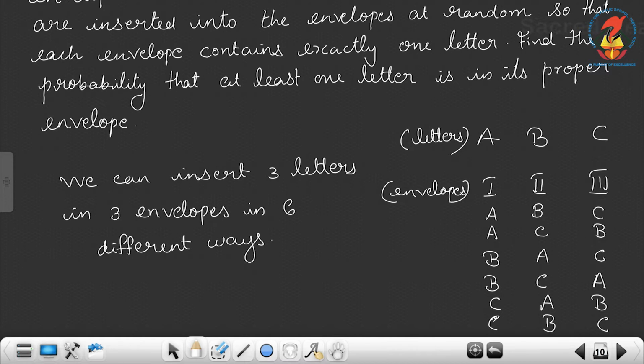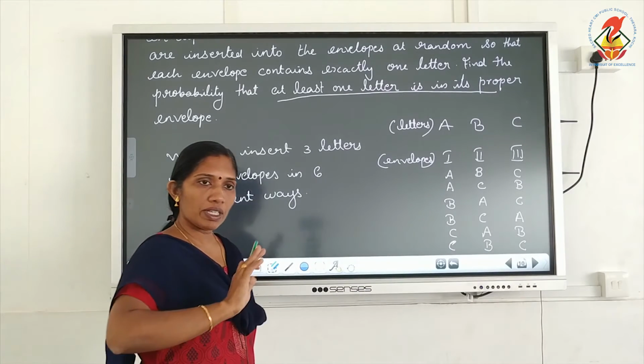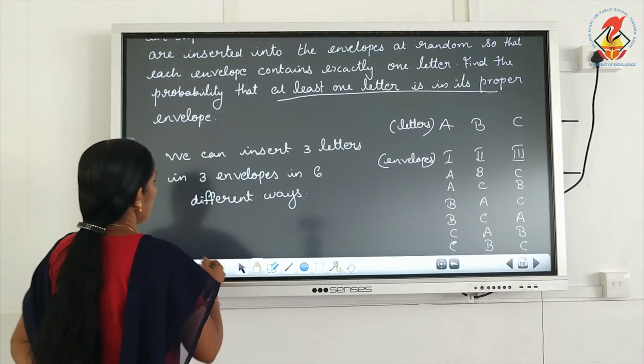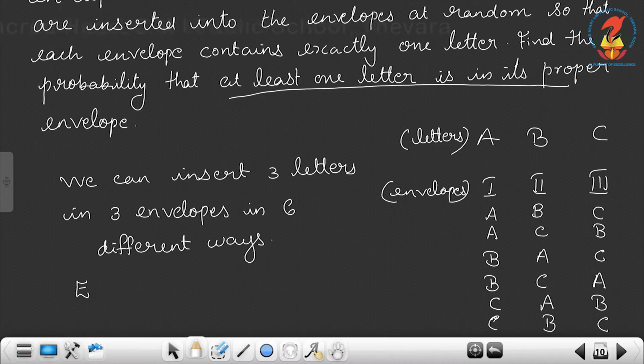Now what is the question? Find the probability that at least one is in its proper envelope. If the question is at least, we can find the complement and subtract from 1. So let E be the event that at least one letter is in its proper envelope.